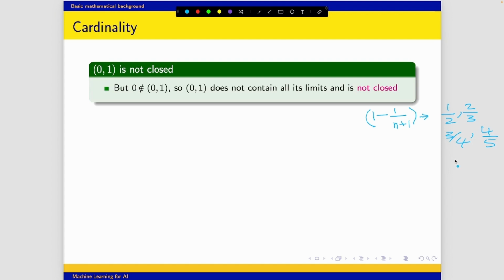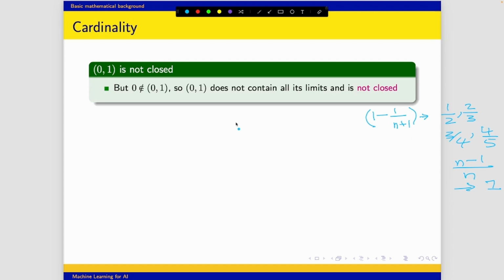Of course, I'm being silly here. The general case will be 1 minus 1 over n, right? That's what we're going to get. So this is approaching the value 1. The limit point is 1, but all of the terms lie between 0 and 1.